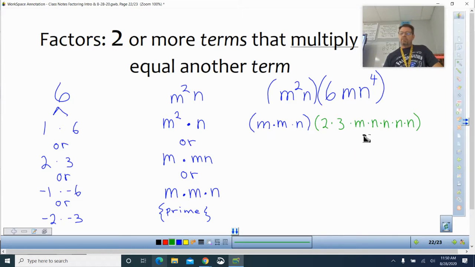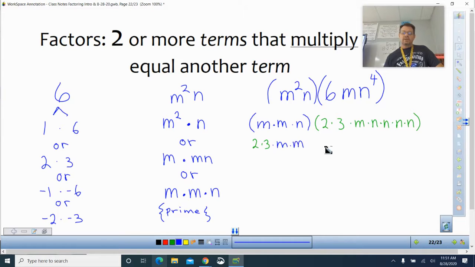All right, so something we normally do mentally, I'm going to do actually physically on the paper. I'm going to rearrange this using the commutative property of multiplication since it's all multiplication. So here we go, 2 times 3. Okay, so that's all my numbers. Now let's knock out the m's. Okay, here's a couple of m's over here.